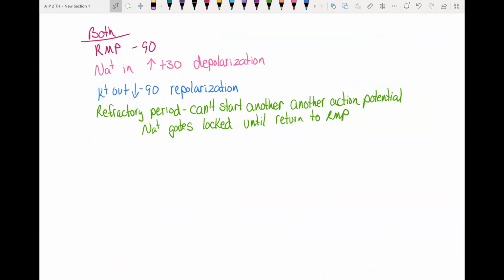So in the heart, let's do a color here for when we're talking about just the heart. In the heart only, extracellular calcium enters the muscle cell.